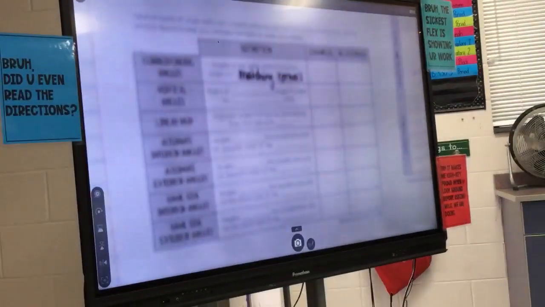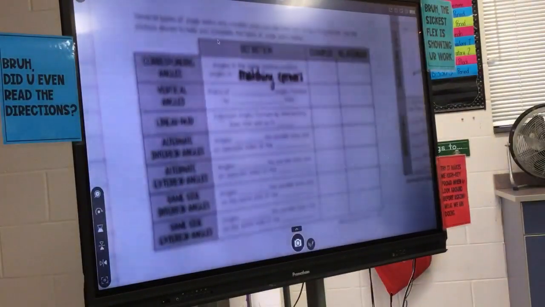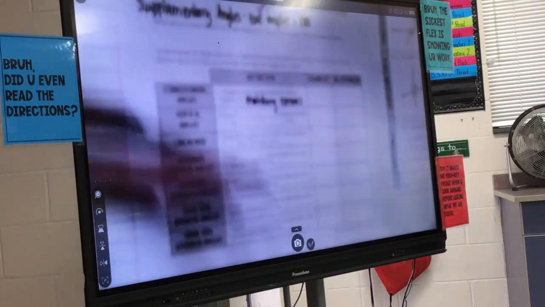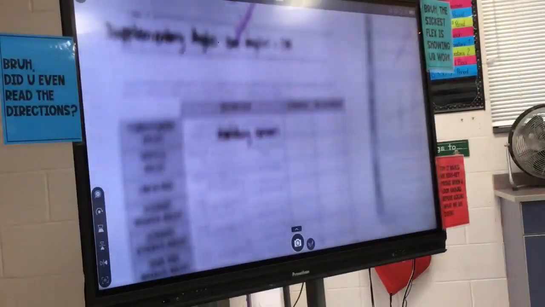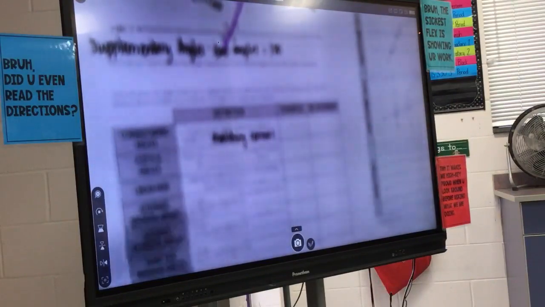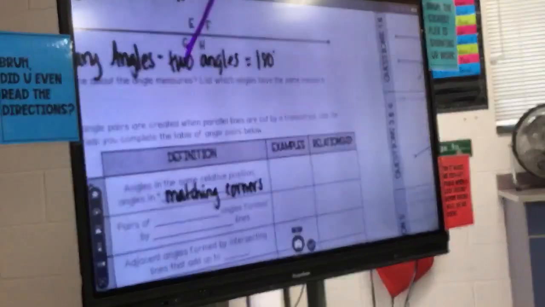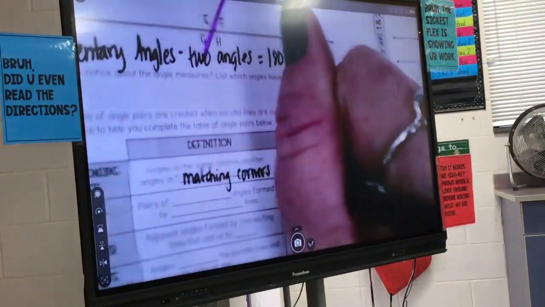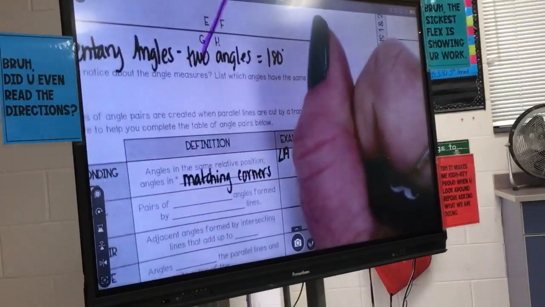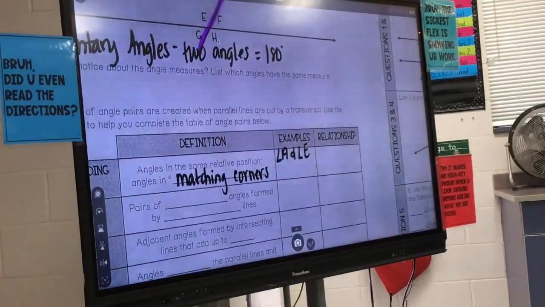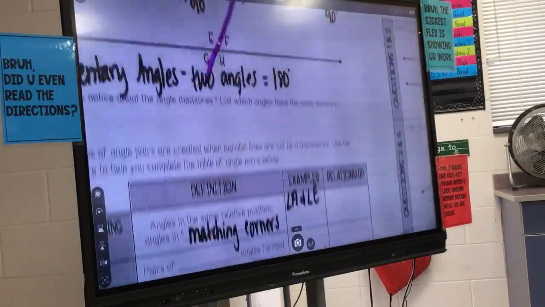And then an example of this, I really wish this would focus. An example of this would be angle A and angle E. So everybody locate angle A and angle E on their paper.